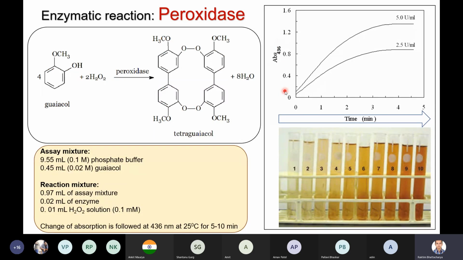But one point will differ: after 5 minutes, the absorbance will get higher. Why? Because the combined molecular weight of guaiacol and hydrogen peroxide is less than tetraguaiacol. This makes the solution more turbid or more colored, so that will give rise to higher absorbance.